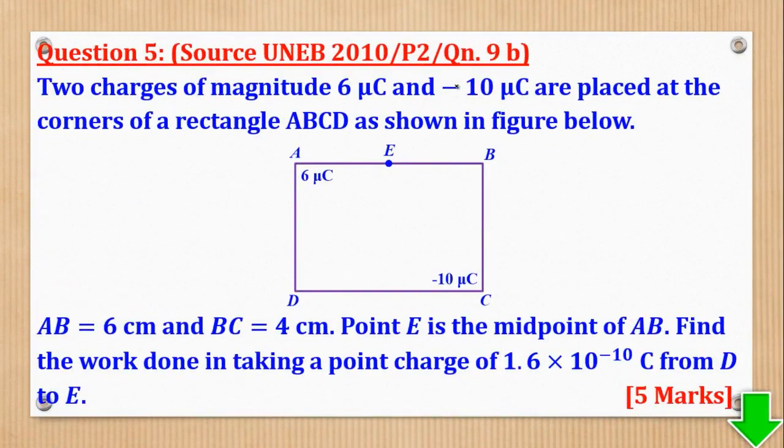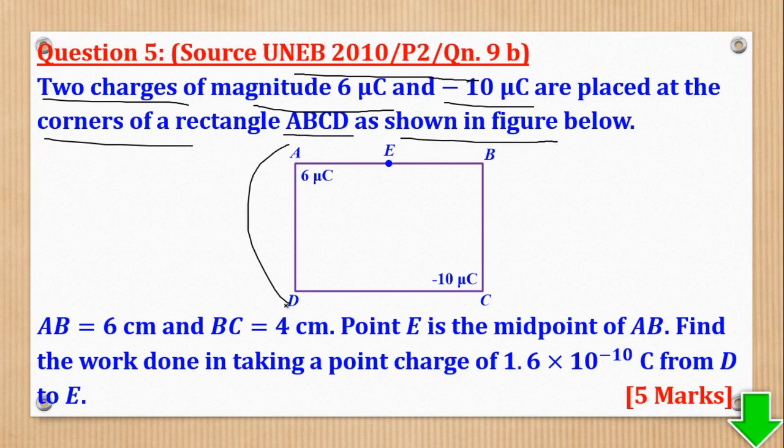Then question 5 came from UNEB 2010, paper 2, question 9b, and says, two charges of magnitude 6 microcoulomb and negative 10 microcoulomb are placed at the corners of a rectangle ABCD as shown in the figure below. AB is 6 centimeters, BC is 4 centimeters.